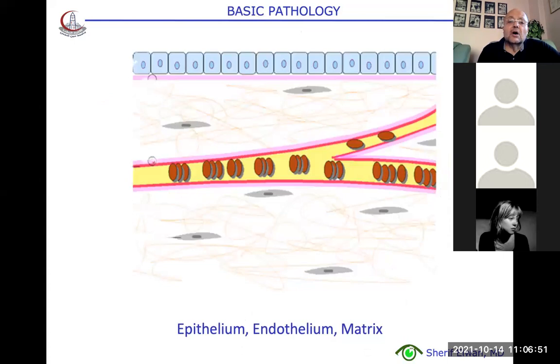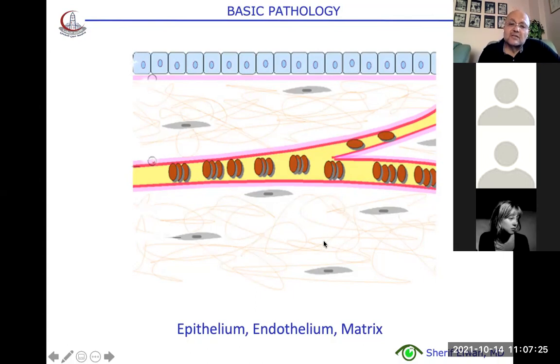The structure of the tissues of the human body, whether this be the blood vessels or the viscera, is in general formed of an epithelium, an endothelium, and a matrix. For the blood vessel, it's covered from the outside by an epithelium or by the tunica adventitia, and covered from the inside by the endothelium, and in between there is the tunica media, which is the matrix.